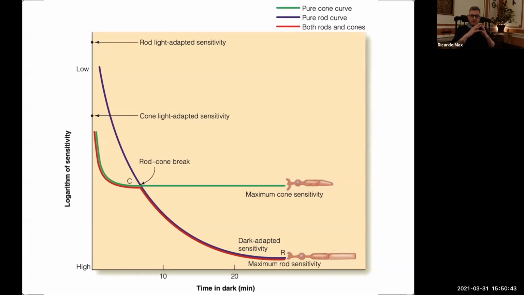At that point, all in all, your sensitivity to light will be something like 100,000 times more than when you were adapted to normal light conditions. So we have a huge range of adaptability between light and darkness.